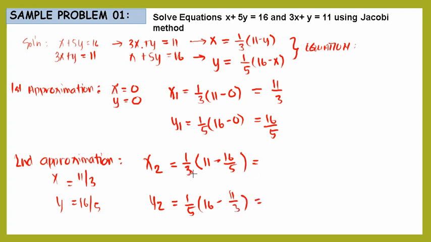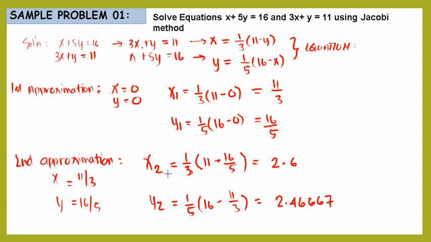So our value here in x in our second approximation is equal to 2.6. And for y in our second approximation, we have 2.4667. So yan yung magiging value natin ng second approximation for variable x and y.